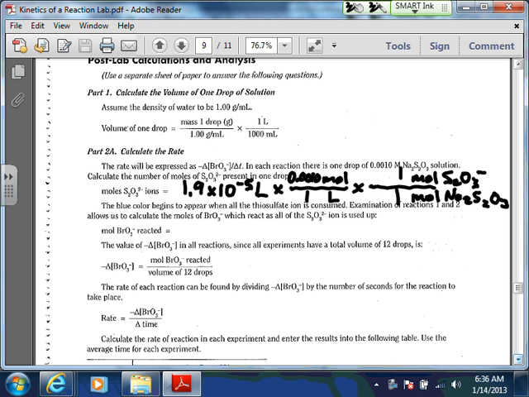So for every 1 mole of sodium thiosulfate, we have 1 mole of the thiosulfate ion. So then that's going to give you the number of moles of the S2O3 2 minus, okay? So then what we want to figure out here is the number of moles of BrO3 minus reacted.